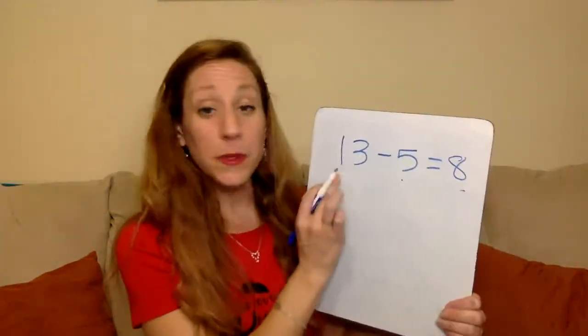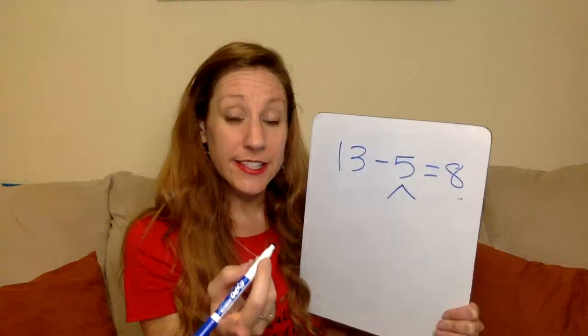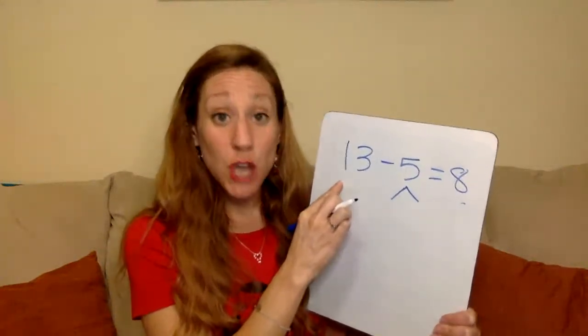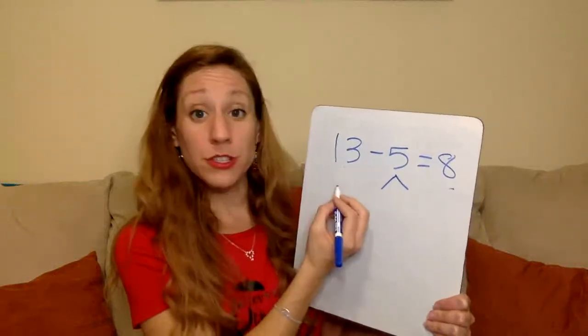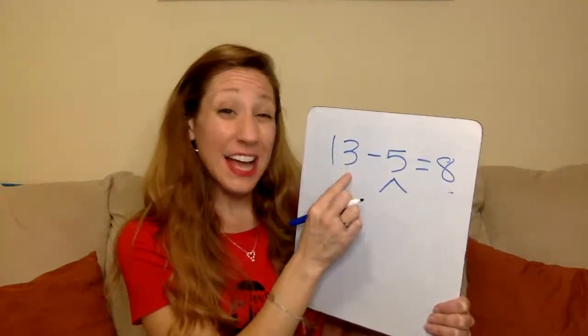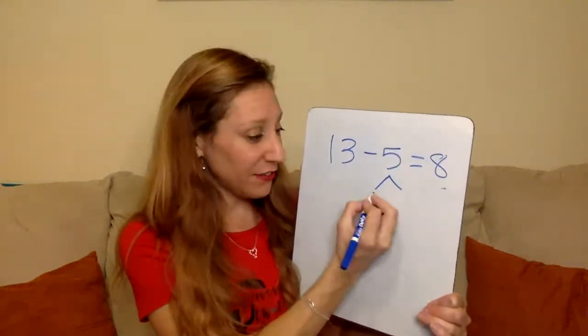So instead of splitting up my 13, I could split up my 5. And I do this to work within the 10s and 1s again. So if I'm trying to do 13 minus 5, a good way to do this is, since I have 3 1s, I'm going to try to use 3 1s from the 5.